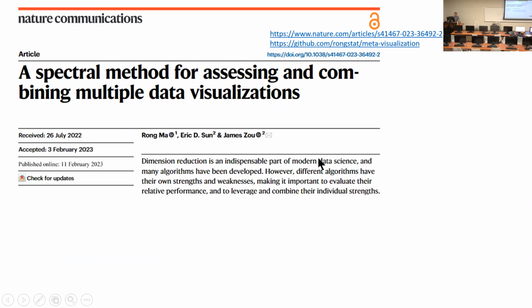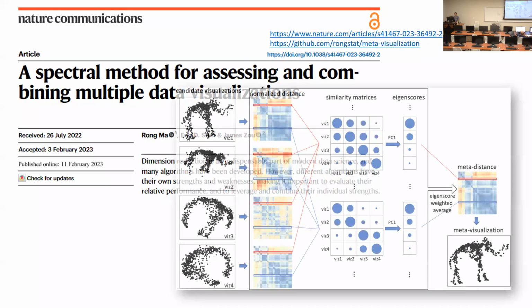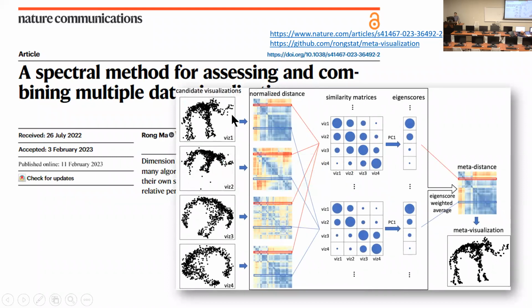This group created different visualization views, as in this example, visualization 1, 2, 3, 4. Their method will synthesize all of this and generate a new matrix and then do a so-called meta visualization.